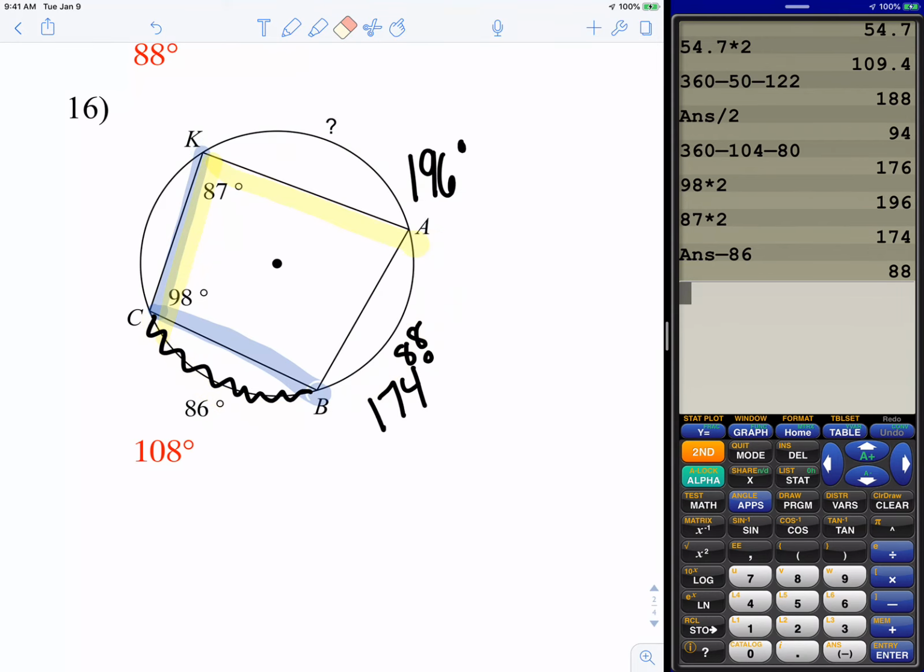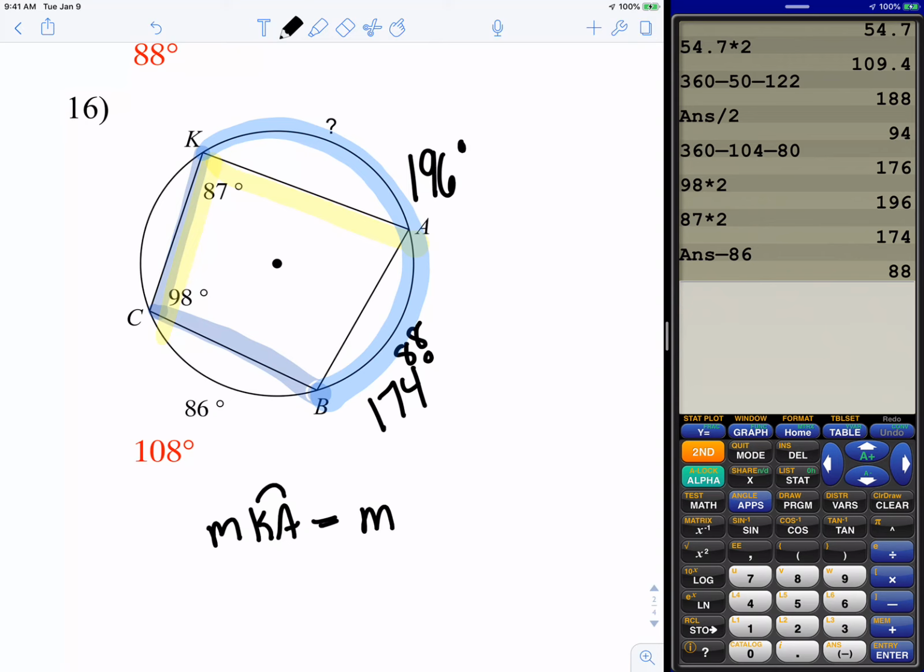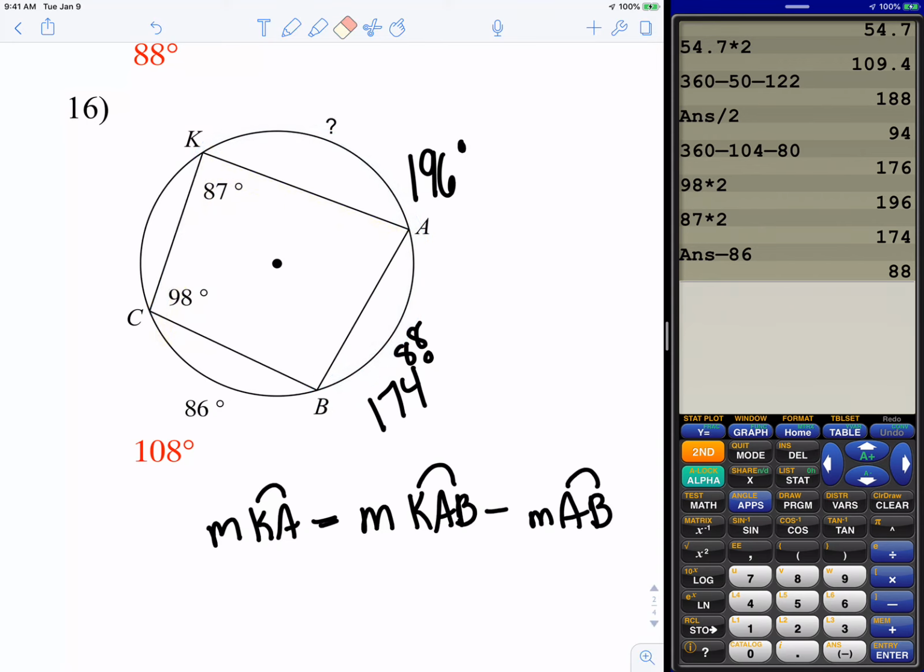Now that's helpful because if we go back to our original 196, to get the measure of KA, I could take the measure of K to B, so KAB, and subtract off just the AB part. Oops, there should be subtraction. Alright, so let me show you what I'm talking about here.